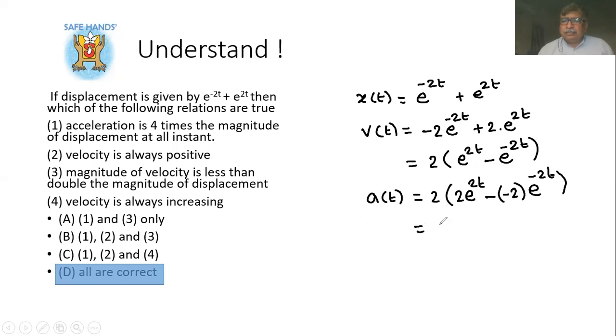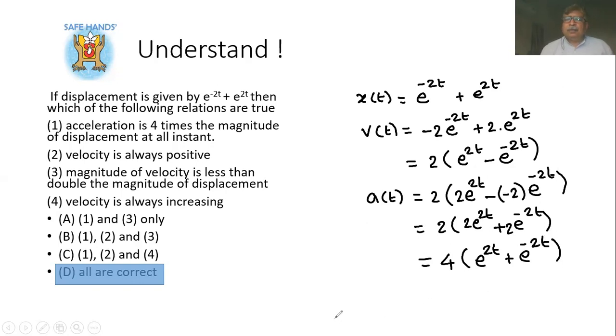So the answer turns out as 2 times 2 e to the power 2t plus e to the power minus 2t, and that's why the final thing is 4 times e to the power 2t plus e to the power minus 2t. But if I look at it, I realize that it is nothing but 4 times x of t. So I realize that option number 1 is certainly correct.